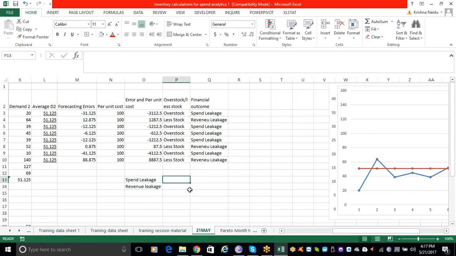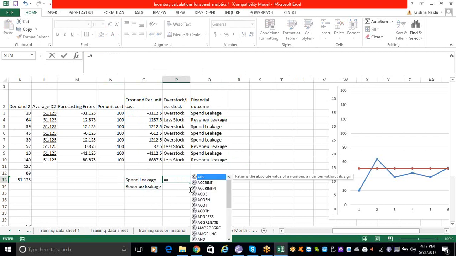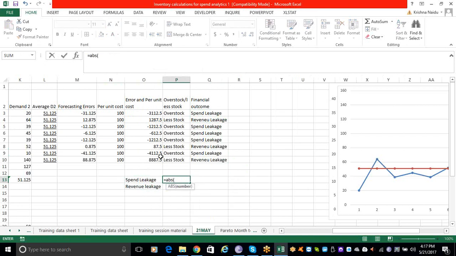So what is the revenue? What is spend leakage here? Equal to, this is all absolute value. I'll put only absolute value there. So why am I putting absolute value there?